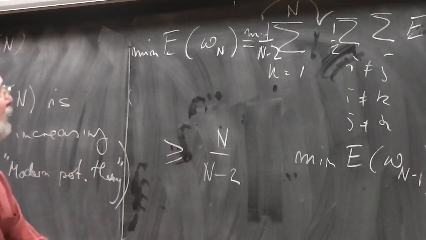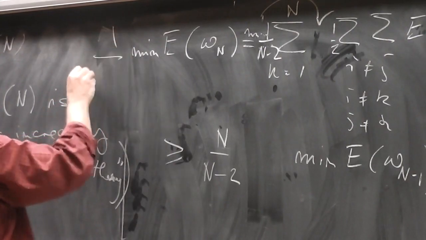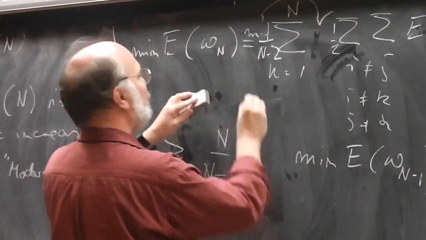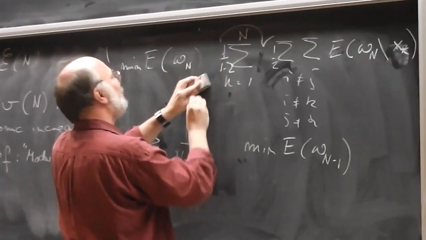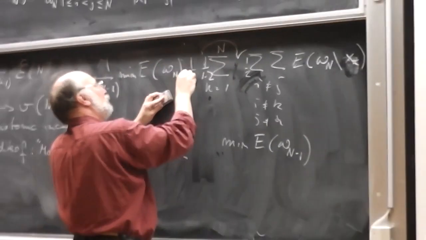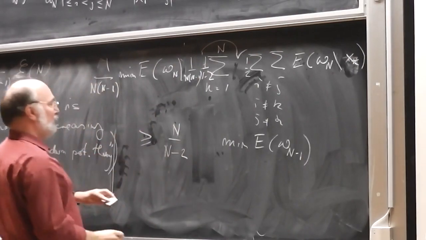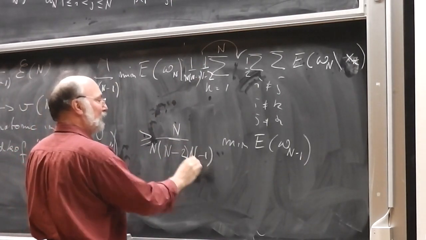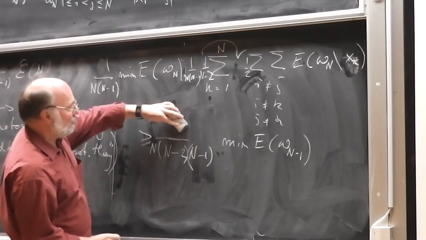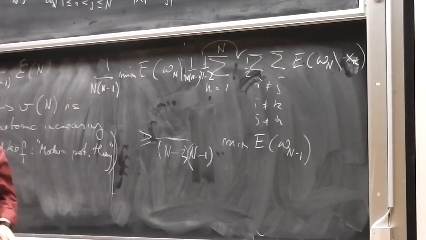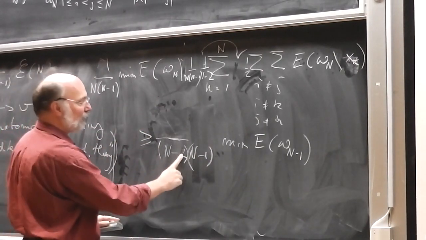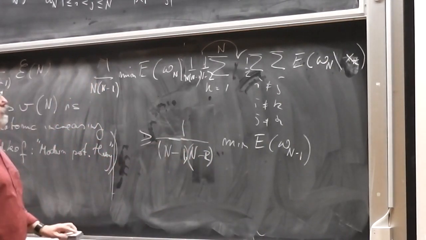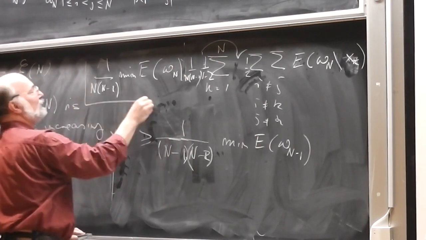Now I divide this by n and n minus 1, and I can cancel the n already. Here it's the other way around: I should write 1 here and 2 there. And we are done.